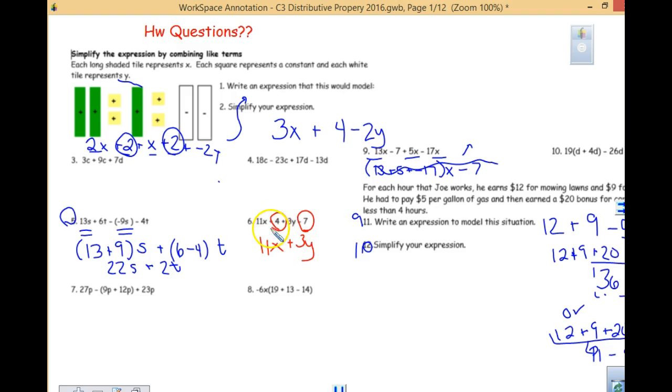And when I was looking at my last terms, I had 4 minus 7, or 4 plus a -7, which is a -3. And again, you can have -3, or you could have plus a -3.